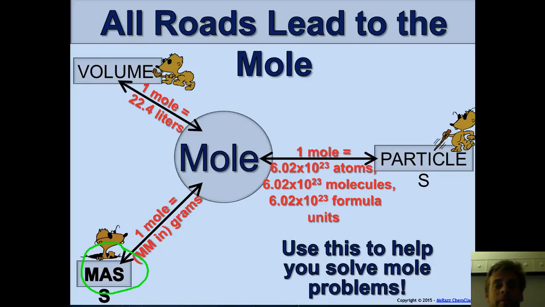You'd have to do some other dimensional analysis first, but then once you were in grams, you can use this conversion factor right here in grams per mole. That would get me into moles, and then from moles, again, I could tell you pretty close. It wouldn't be exactly 100% accurate, but I could get pretty close and tell you how many molecules or how many liters of gas you would have. So it's really, really flexible.